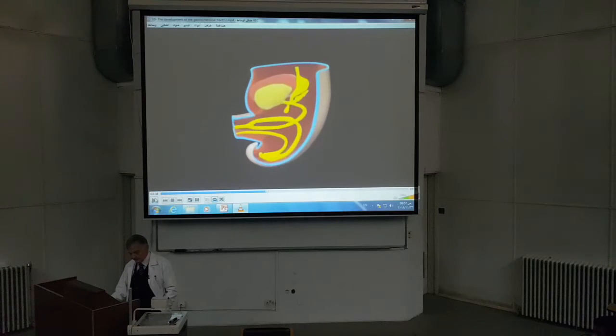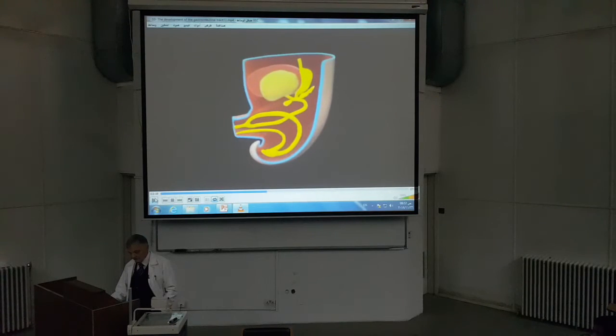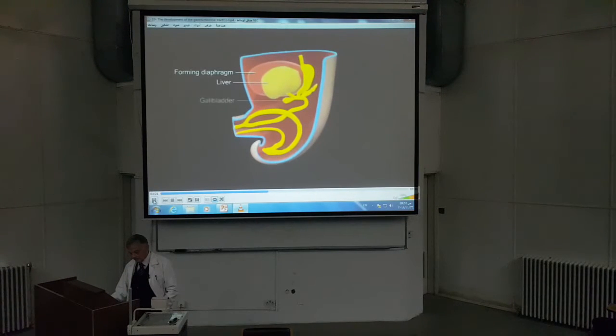The liver is going to get larger and larger inside the septum transversum. The dorsal pancreatic bud is going to get larger, and the gallbladder, with the cystic duct, is going to develop.